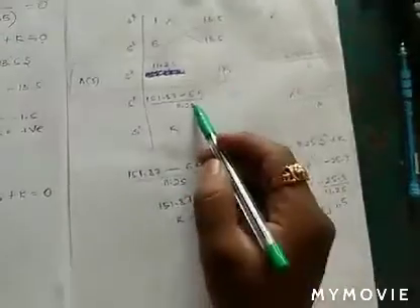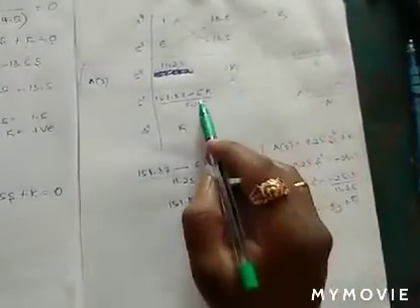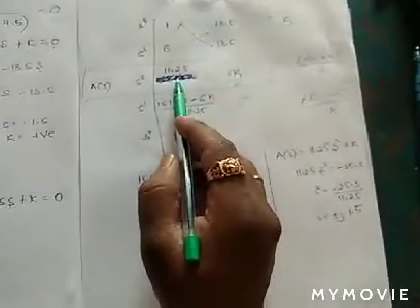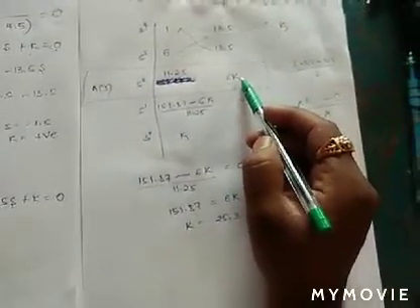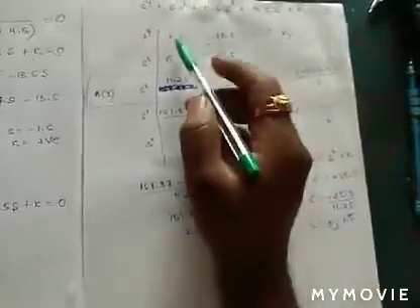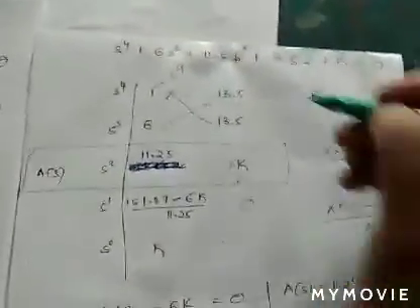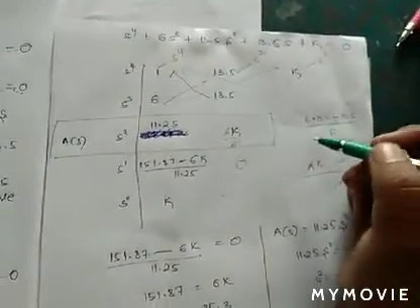Then above this unsolved equation we will have the auxiliary equation. If here it is s squared, then here it will be s raised to 0. For example, if here it is s raised to 4, then here it will be s raised to 2, and here s raised to 0.